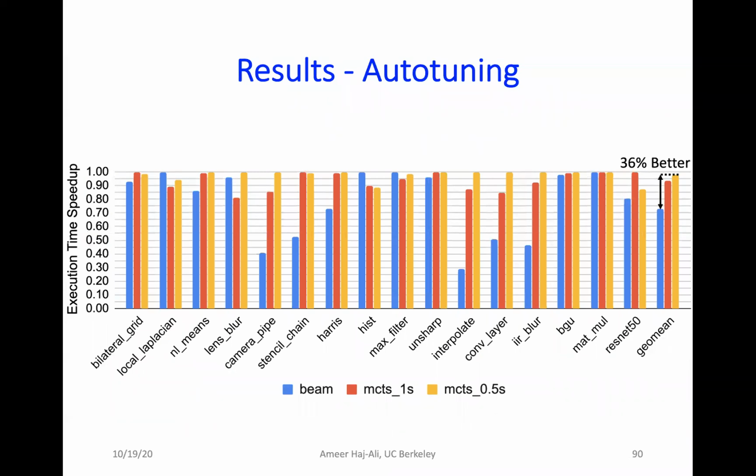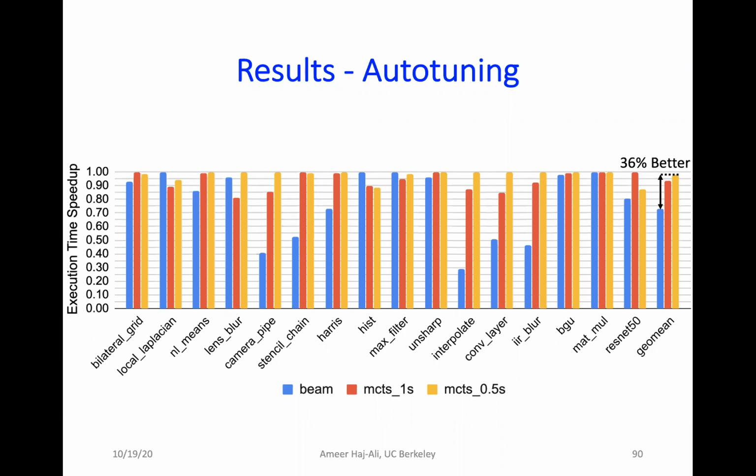And here also, we were able to achieve a very similar performance improvement, 36% in the same time budget. So so far, I showed you AutoPhase, NeuroVectorizer, and now a ProTuner.